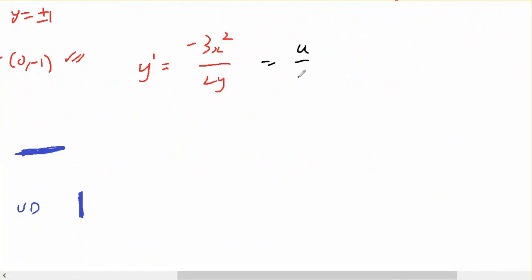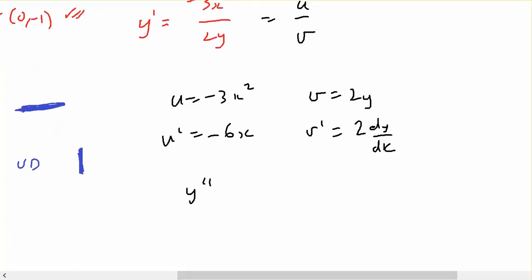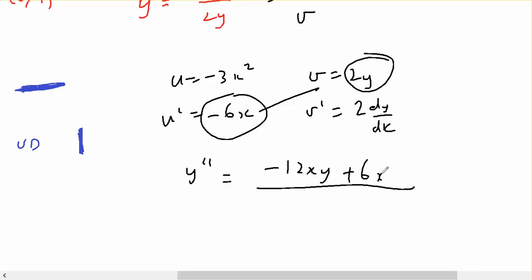So it equals u on v, u equals minus 3x squared, u dash is going to equal minus 6x, v equals 2y, v dash is going to be 2 dy/dx, which means that y dash dash starts with v, so it's going to be this times this, minus 12xy, minus, but that's already a negative, so plus 3 times 2 is 6x squared dy/dx, all on top of 2y squared.